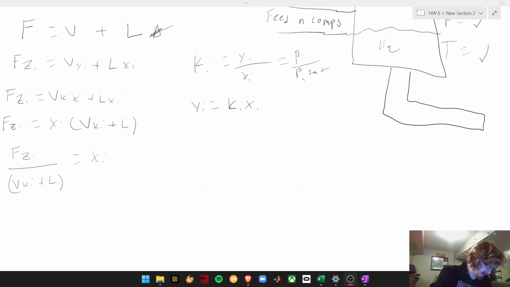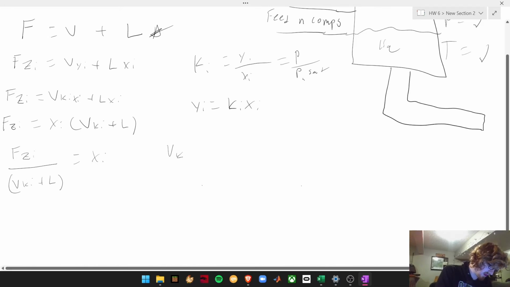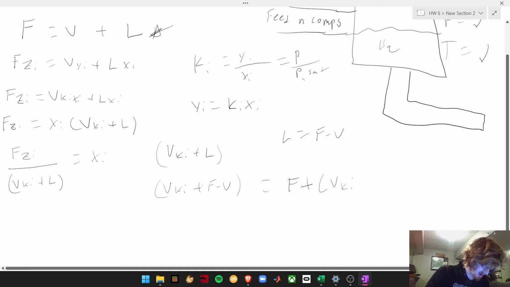So from here, let's take a look at the term V Ki plus L. We can actually rewrite this by substituting for L. We know that L is going to be equal to F minus V. So we can rewrite this as V Ki plus F minus V. And then once again, we can rewrite this as F plus V Ki minus V, and once again, F plus V times Ki minus 1.